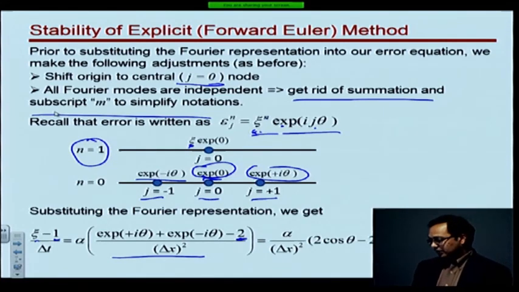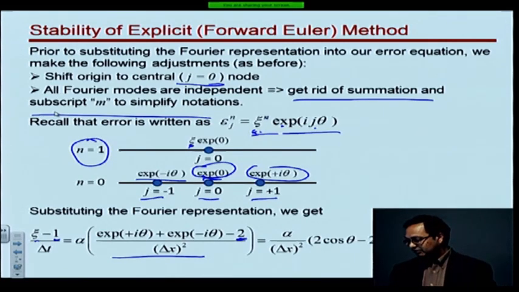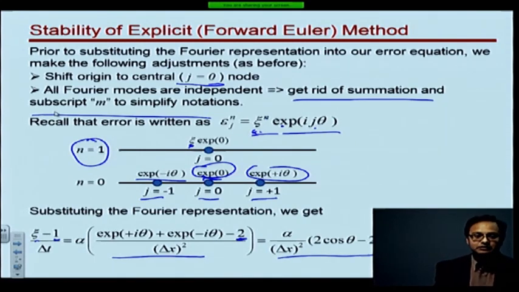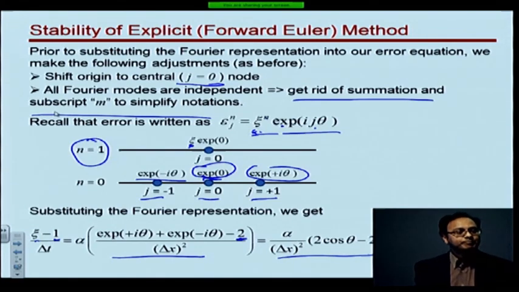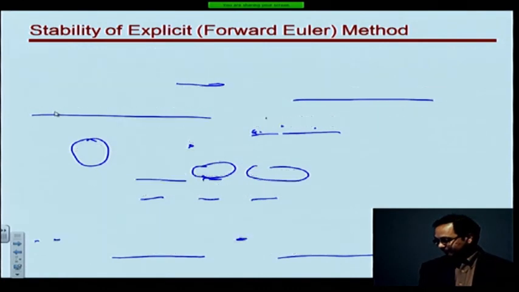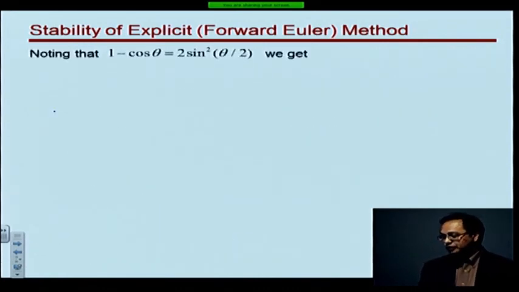If I simplify that, it now becomes that. The sign terms cancel out. Everybody with me? Now we are going to use this relationship: 1 minus cosine theta is 2 sine squared theta over 2.